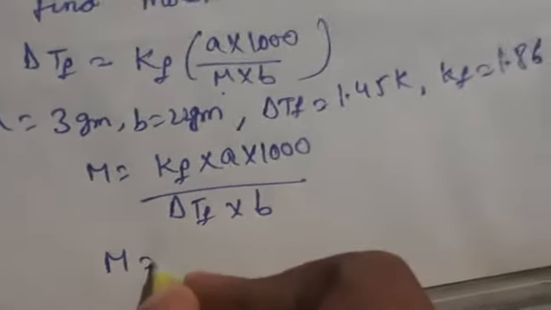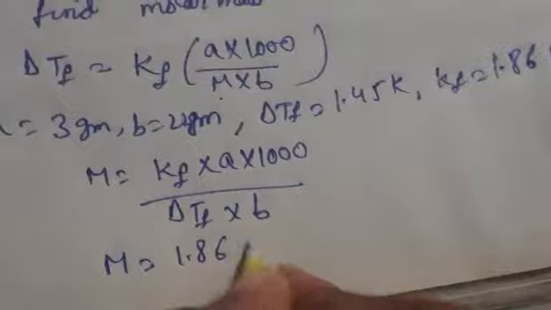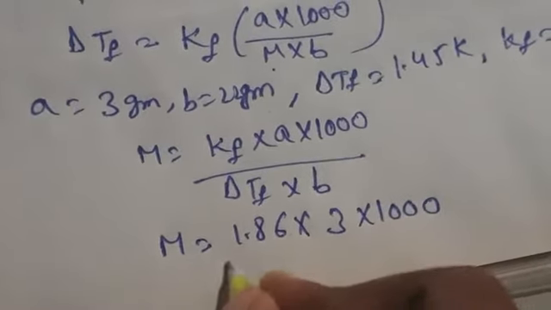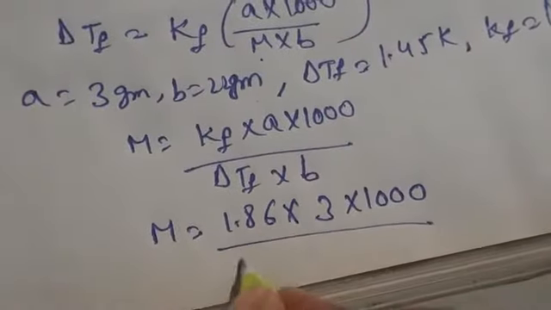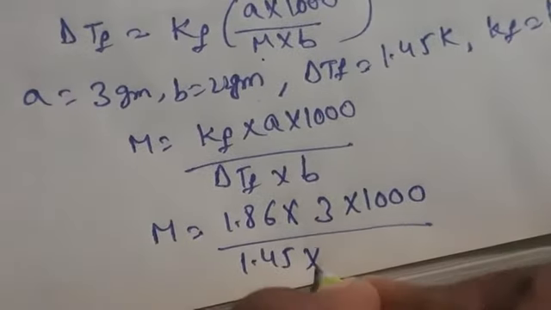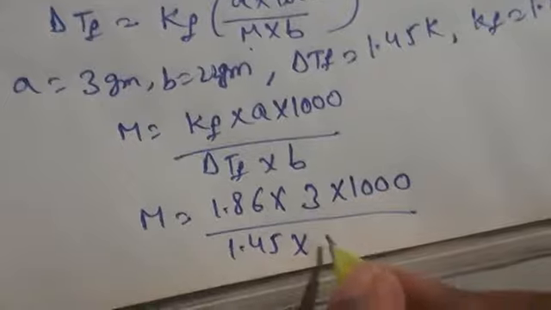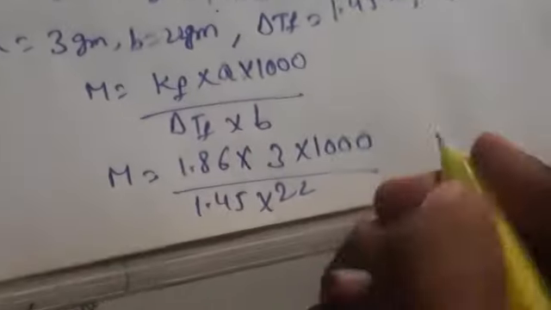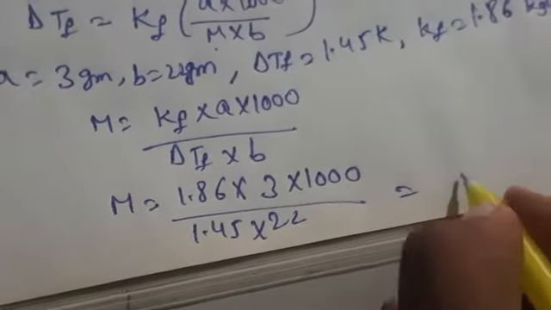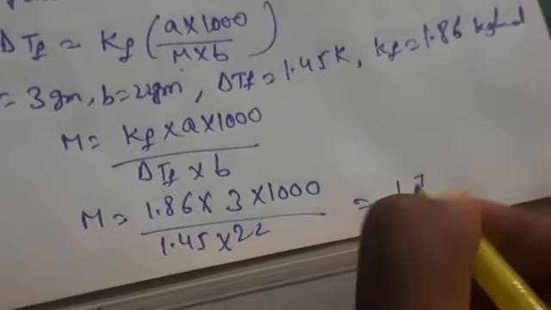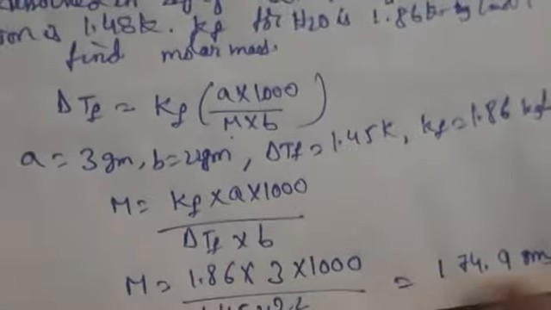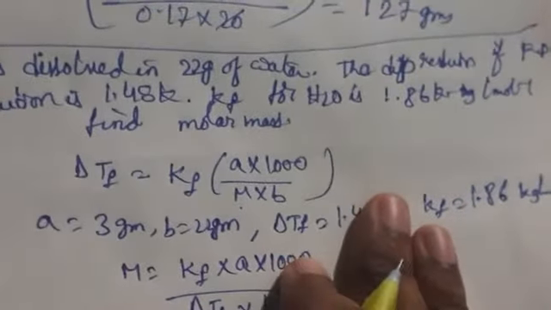So what is the Kf value? 1.86 into A 3 into 1000 divided by delta Tf 1.45 into B value 22 grams. By substituting all these values, we are going to get 174.9 grams. So this is about the depression in freezing point.